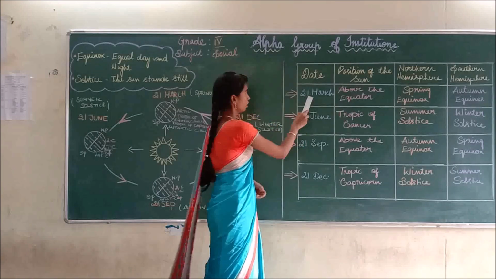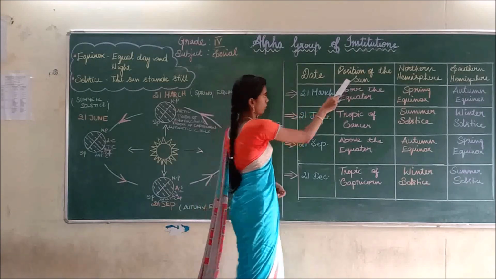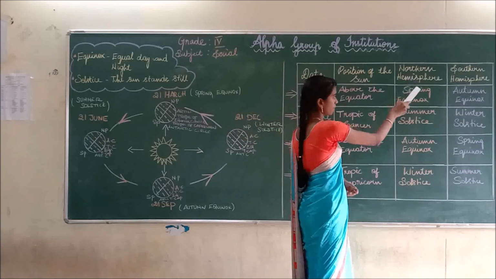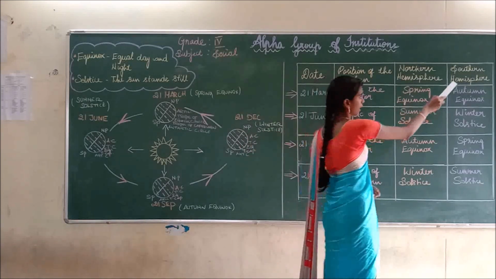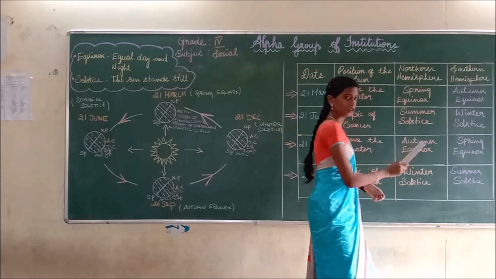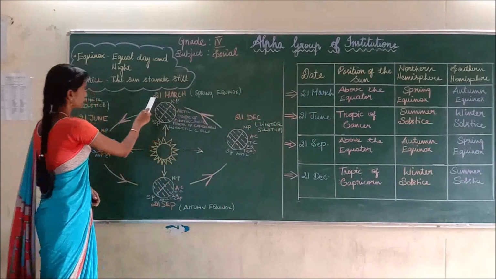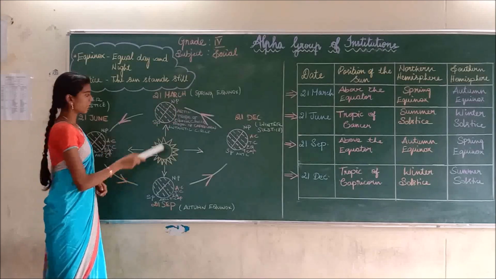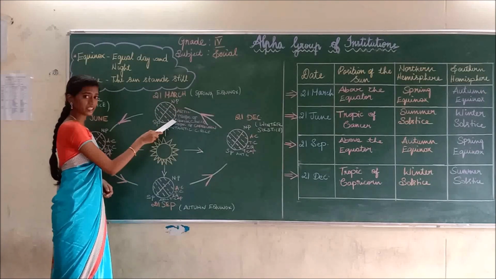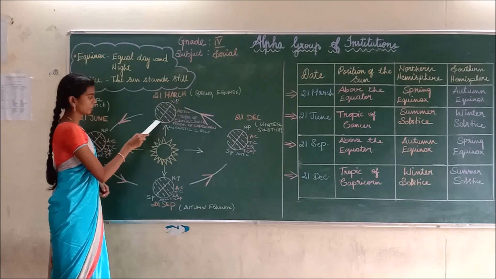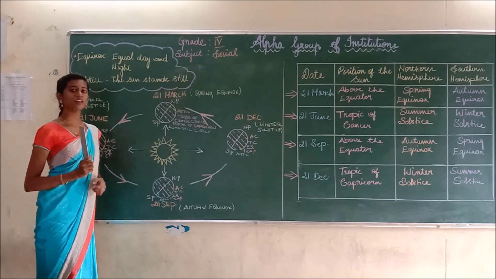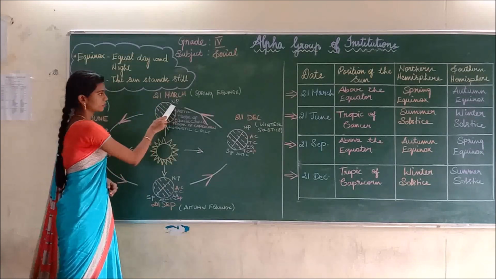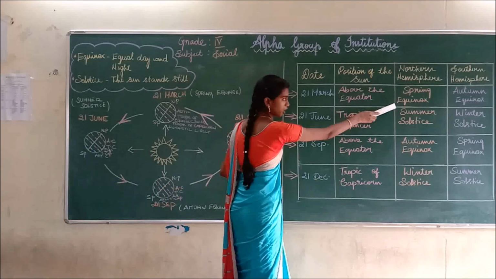Day, 21st March. Position of the sun is above the equator. In the northern hemisphere, spring equinox. In the southern hemisphere, autumn equinox. So where is the position of the sun? It is above the equator. The equator divides the northern hemisphere and the southern hemisphere. When the sun is above the equator, the northern hemisphere has spring equinox.